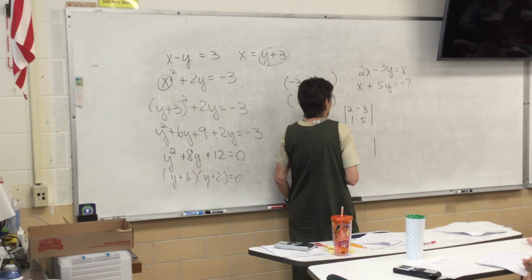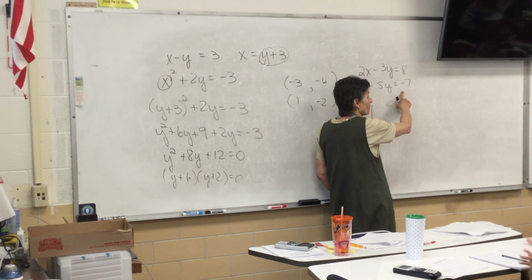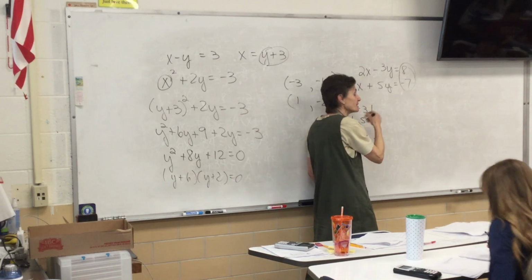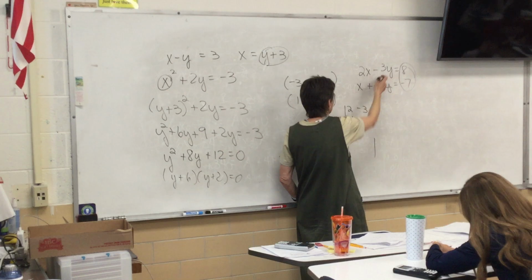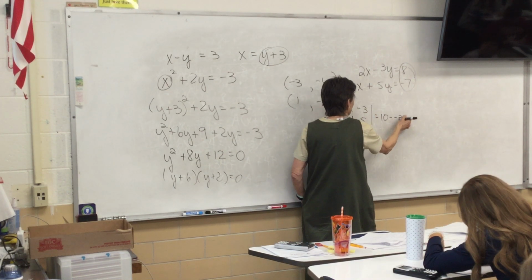I can make a matrix out of 8 and -7, but I don't really use that in Cramer's rule. These numbers are going to get pasted into this one. So this is the first thing I do. This is the coefficients, and I'm going to find that determinant, so that's going to be 13.